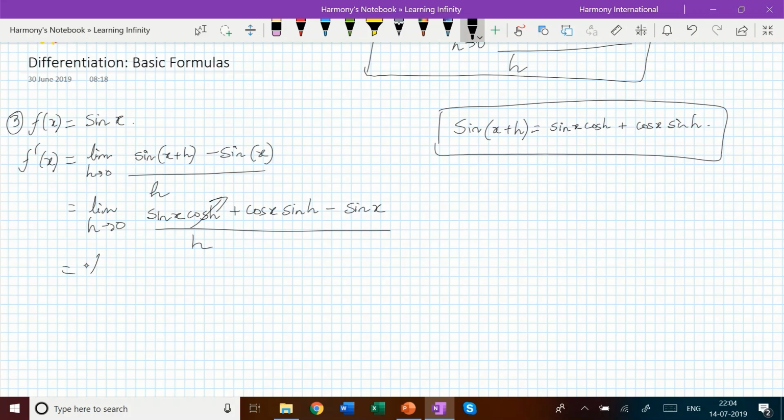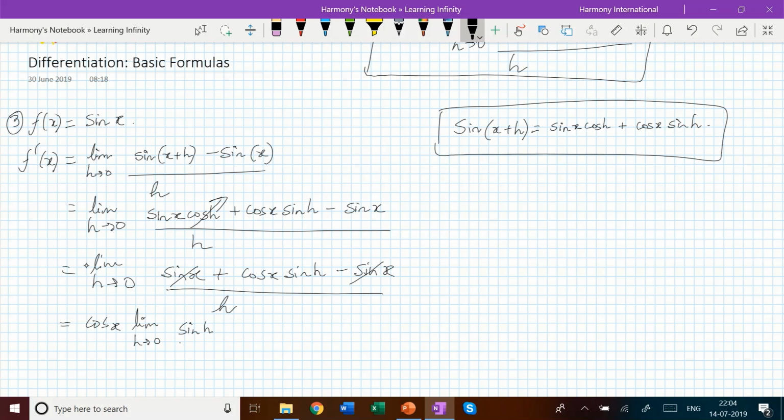So thus limit h tends to 0 of sin x plus cos x sin h minus sin x, by h. And this sin x and sin x cancel each other out. We are left with cos x times limit h tends to 0 of sin h by h.